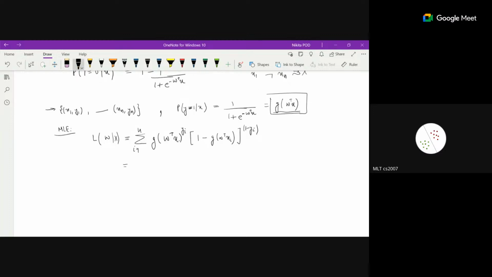This is my likelihood function, and I know that g of W transpose x is given by this. Just substitute it, and what we get is 1 upon 1 plus e to the power minus W transpose xi, to the power yi, times 1 minus 1 divided by 1 plus e to the power minus W transpose xi, to the power 1 minus yi.